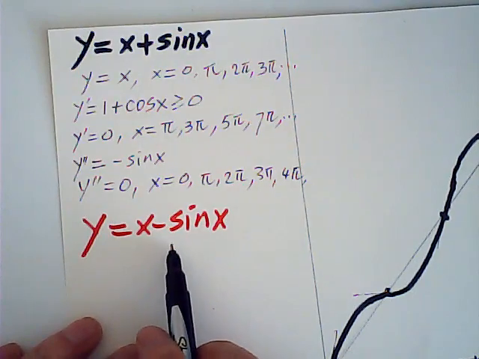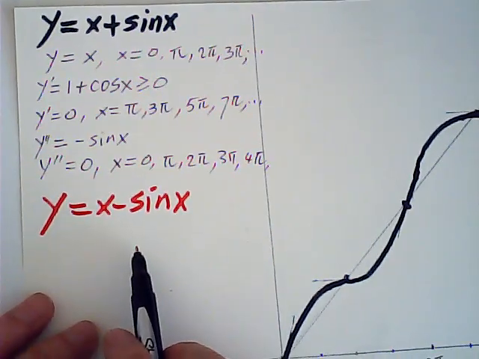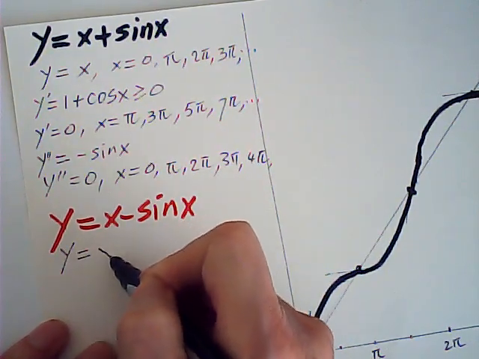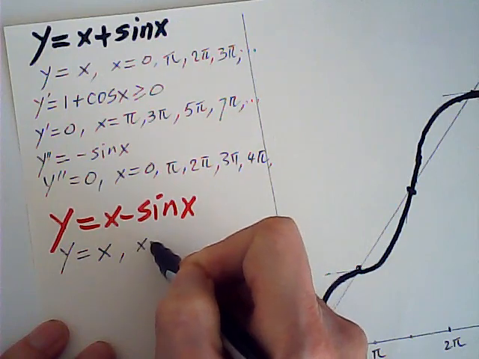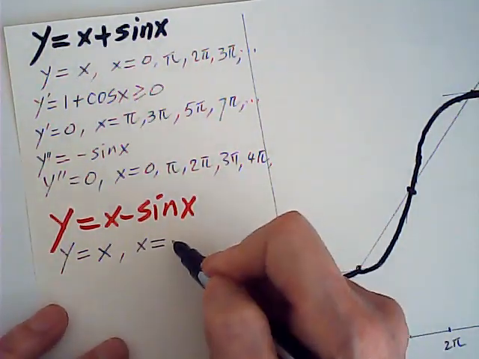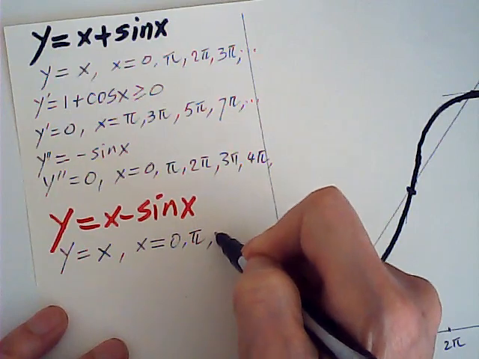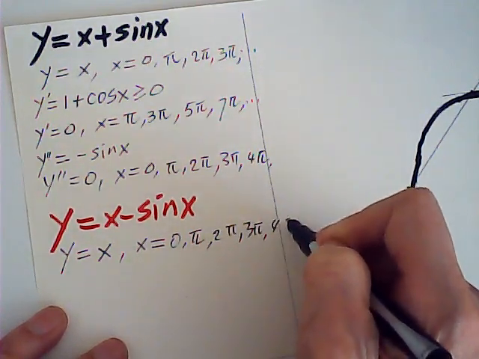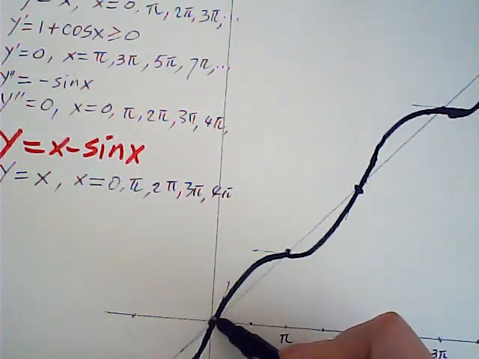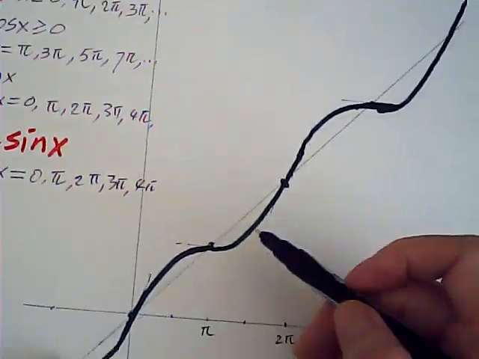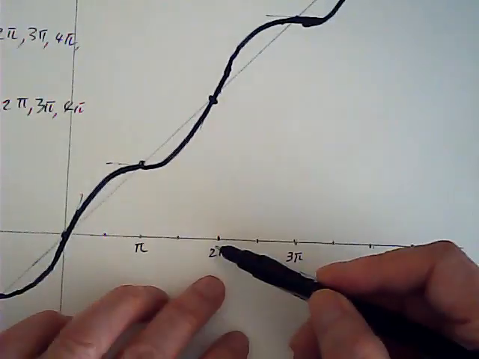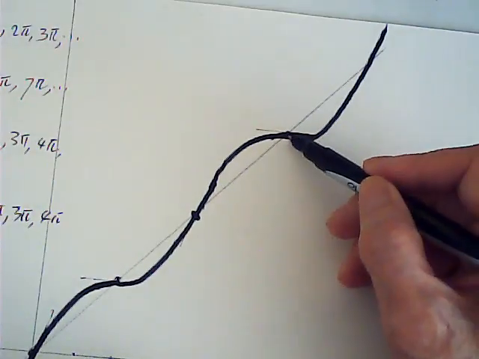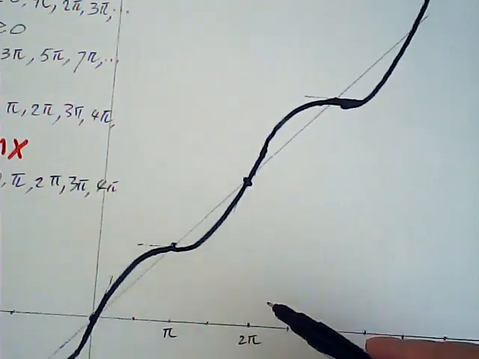And for this function, y will be equal to x when x is equal to 0, pi, 2 pi, 3 pi, 4 pi, and so on. So at pi, this point, at 3 pi, this point, at 4 pi, this point, at these points y equals x.